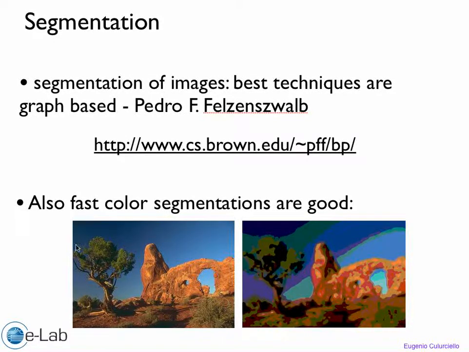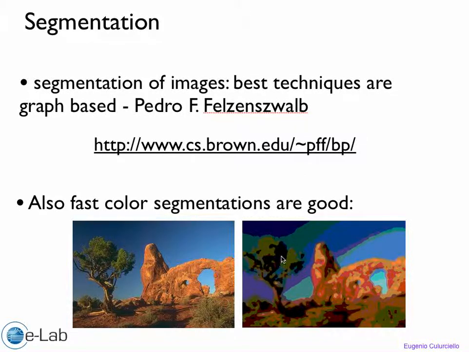In fact, you could use faster color segmentation by basically doing the equivalent of reduction on the coding of the color information. So for each color plane, instead of having 8 bits, you could have 2 or 3 bits, and then you would get an image like this.